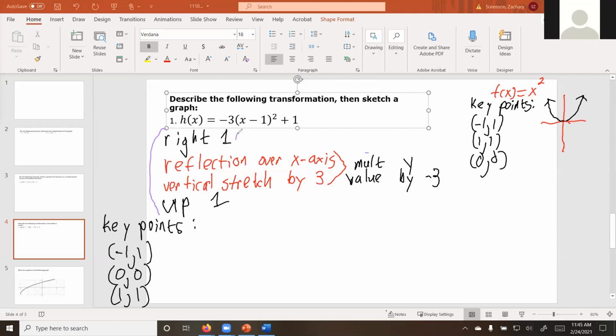So how do I do this? You add 1 to your x values? Yep. So I get 0, 1, 1, 0, 2, 1. Cool.